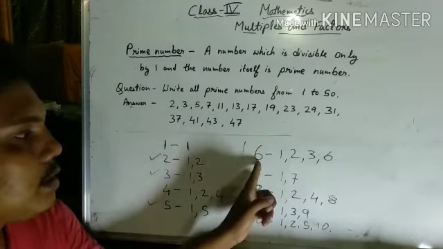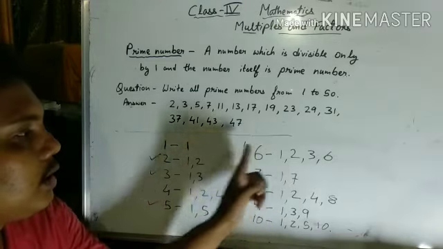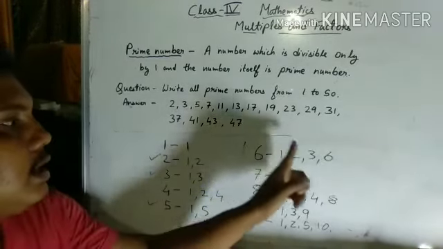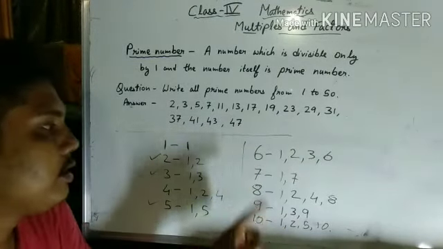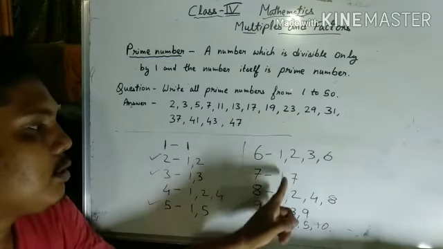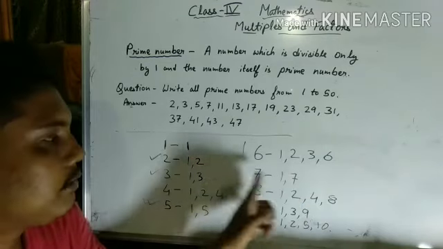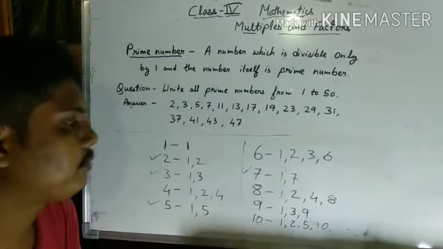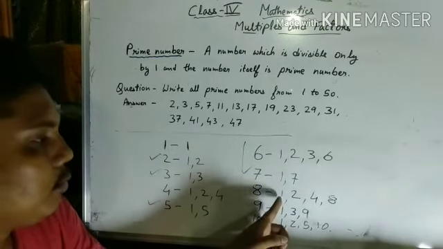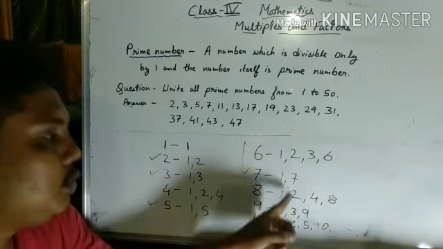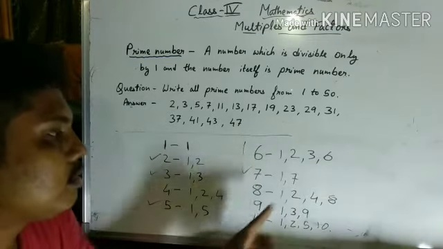6 is not a prime number because 1 can divide 6, 6 can divide 6, and there are other numbers also that can divide 6. So 6 is not a prime. 7 is a prime number because only 1 and 7 can divide 7. So 7 is a prime. 8 is not a prime because 1 and 8 can divide, and there are other numbers also, 2 and 4, that can divide 8.